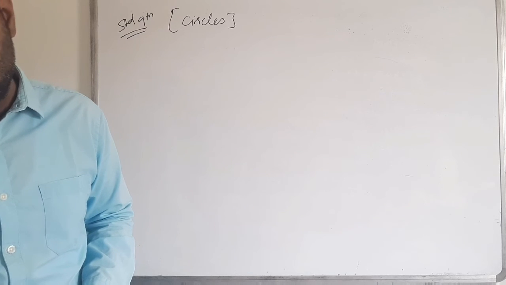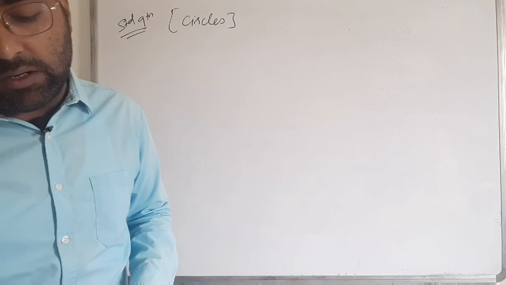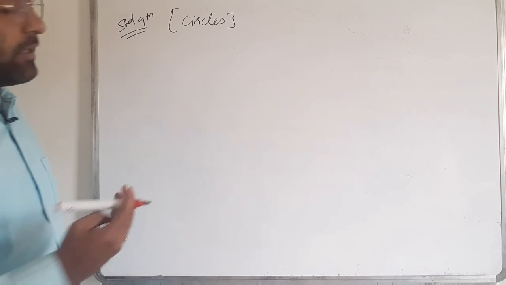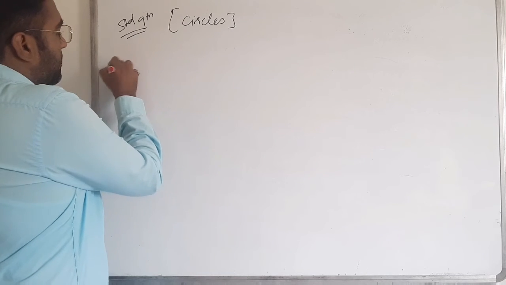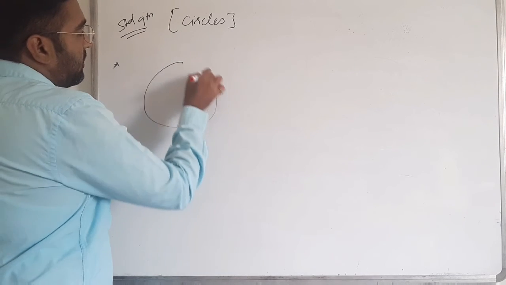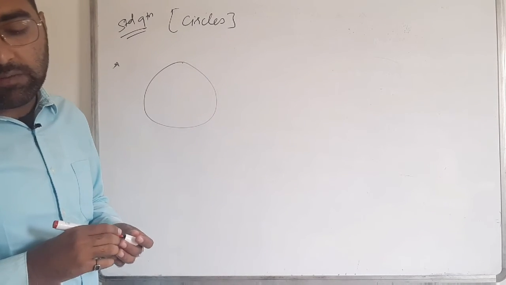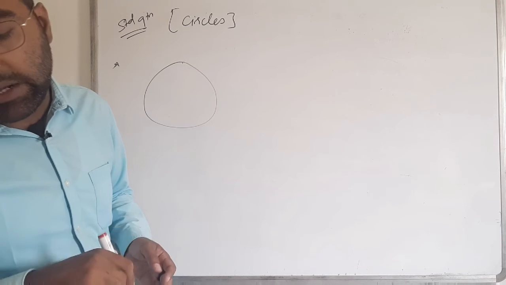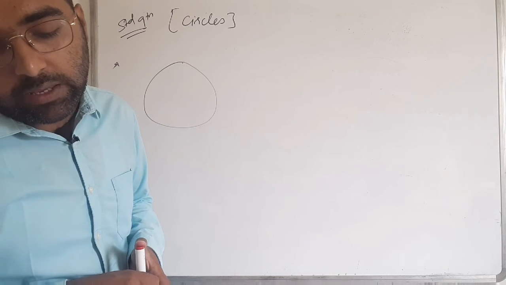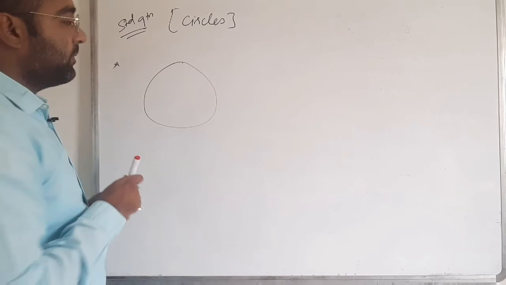So the next question is: find the value of x in the figure. First, the figure is given: AC and BD are the diameters of the circle.